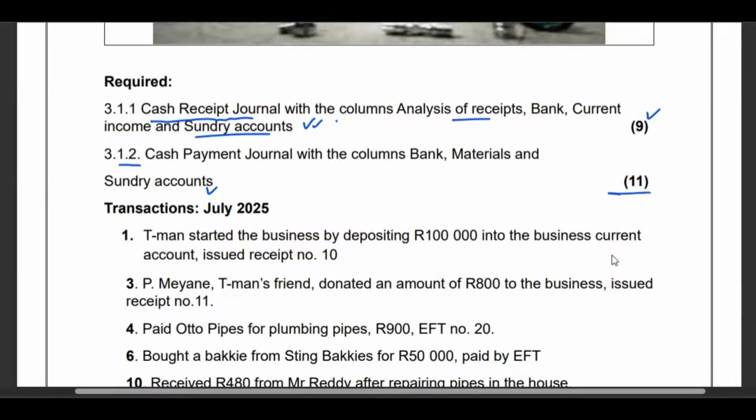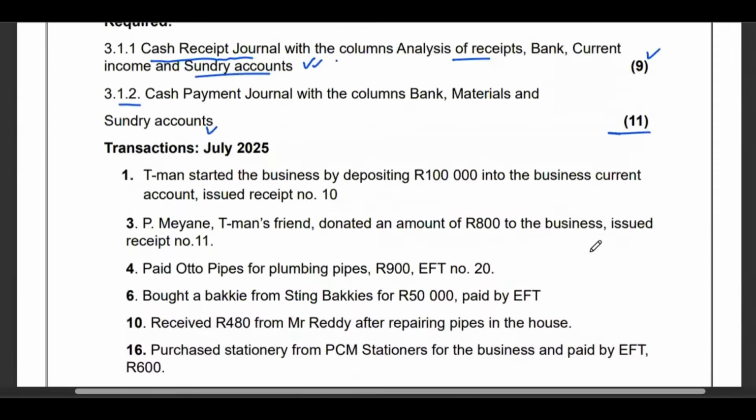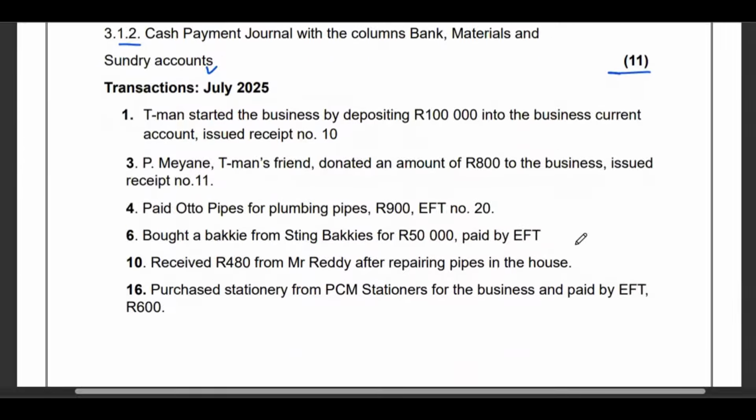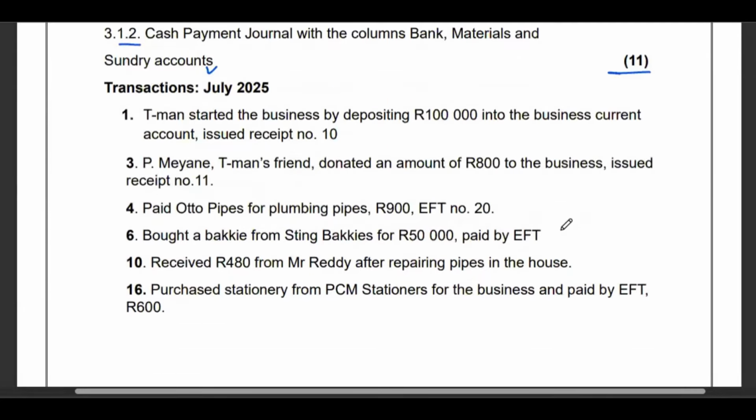Now we need to identify from the transactions what falls under the CPJ and what goes under the CRJ. Okay, so the cash receipt and then the cash payment. Okay, so let's see. With the first transaction, T-Man started the business by depositing 100,000 to a business current account.